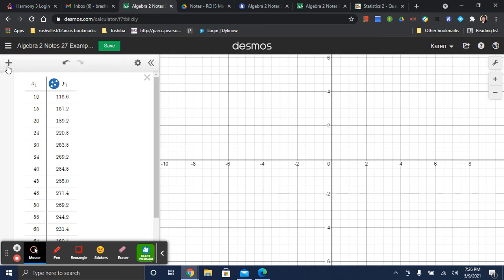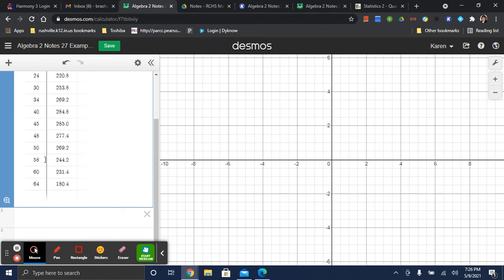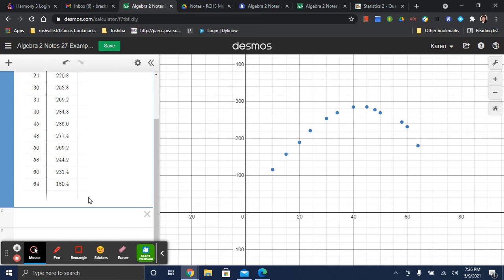If you've forgotten, you hit the plus sign and then the table to get the table. Since I already entered the data, I'm just going to use this. Remember, if you can't see your graph, you can hit the magnifying glass to fit the data, and it will put the data on the graph for you.